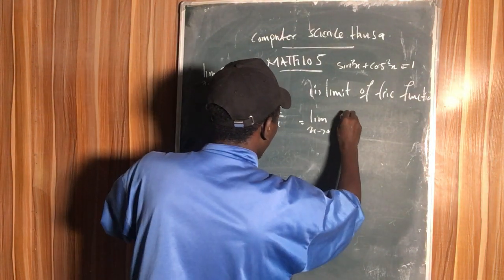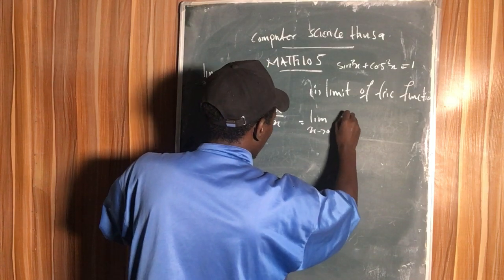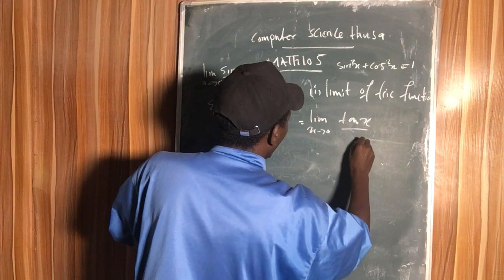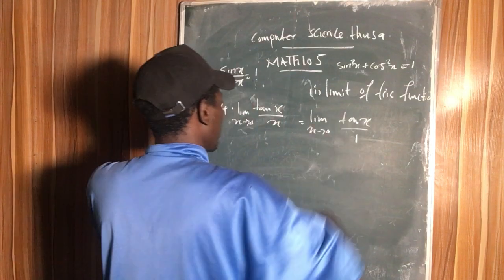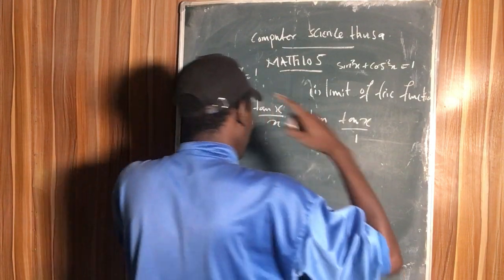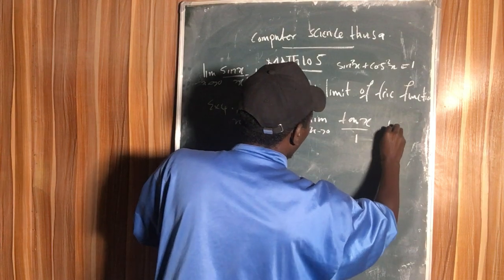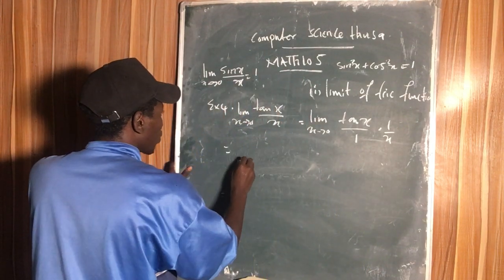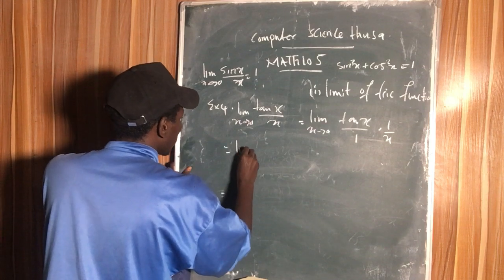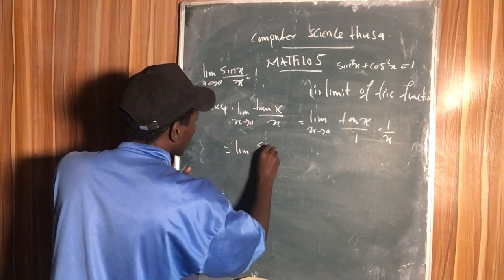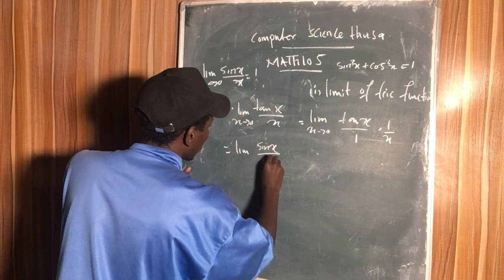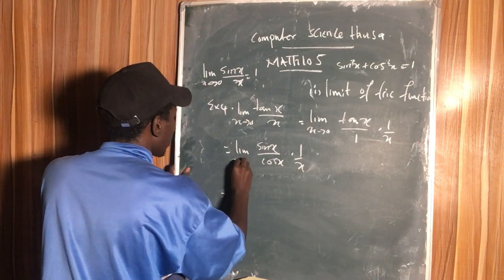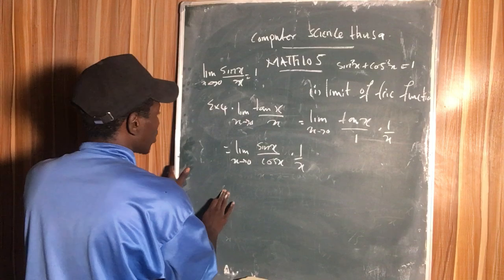So we have tan x all over 1, times 1 all over x. So this is equal to the limit of sin x all over cos x times 1 all over x as x tends to 0.